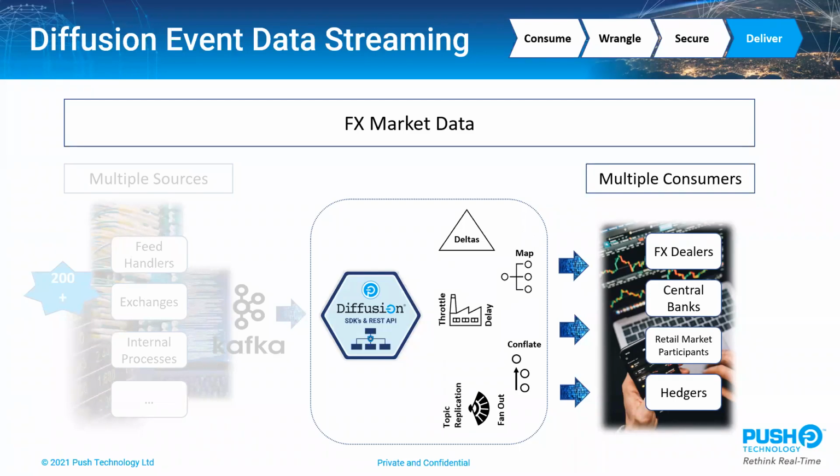And this is managed internally, Diffusion to Diffusion. It's configured visually, and it ties directly into our topic views. Very powerful, eliminating the overhead of additional infrastructure and applications and custom coding to get this done with other solutions.